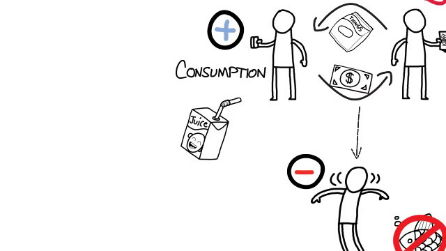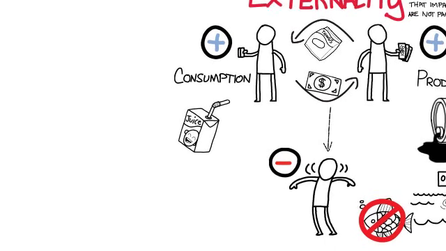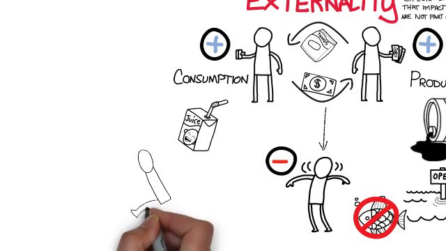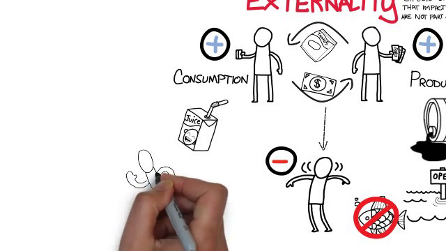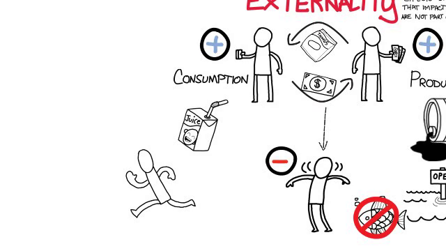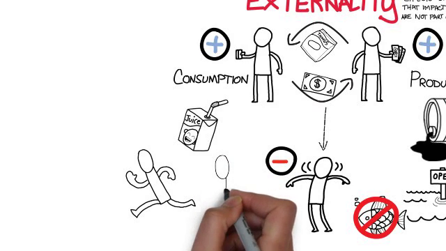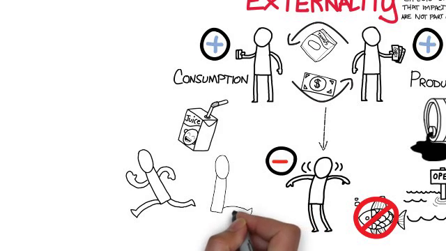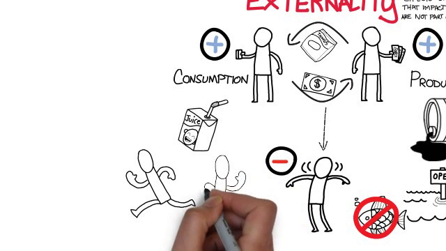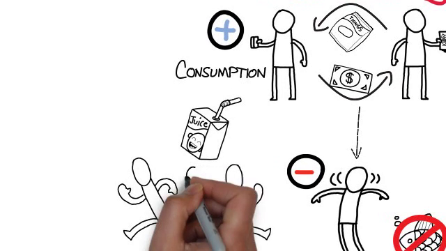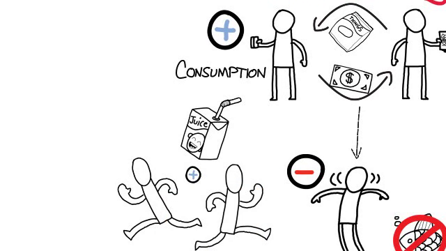But not all externalities are negative. So let's say everyone's drinking juice and they're running around because they have all this excess energy, and it starts a fitness craze that now everyone's working out more or running more, right? That could be a positive outcome of that transaction that you didn't necessarily plan.